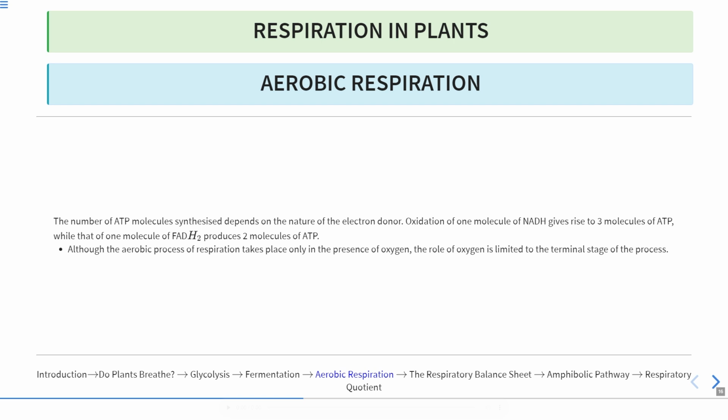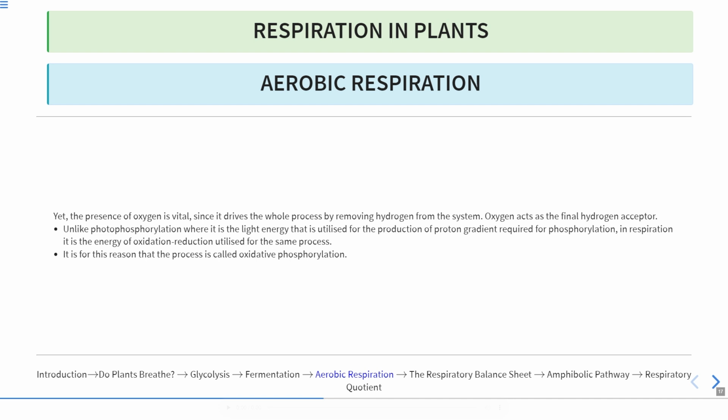The rest of the reactions will only take place when there is a presence of oxygen molecule at the terminal position, right?